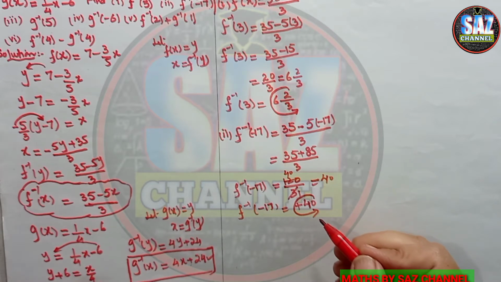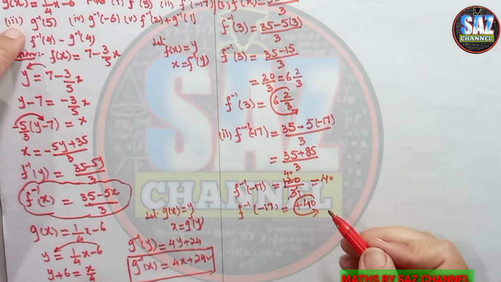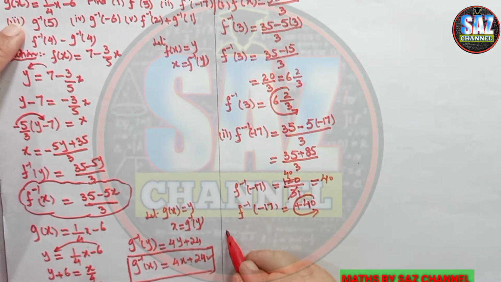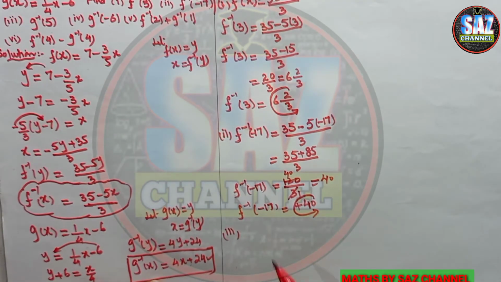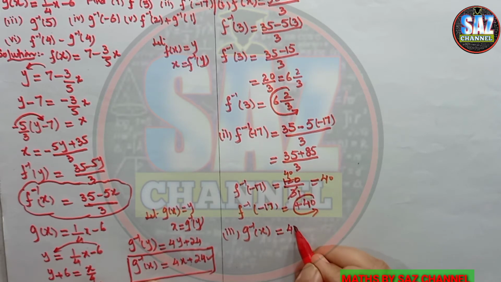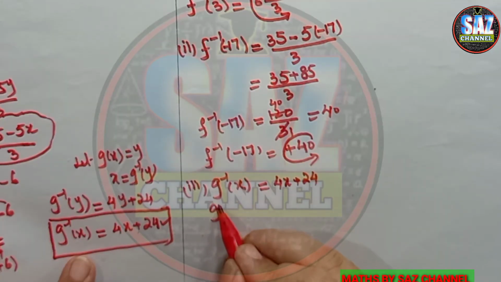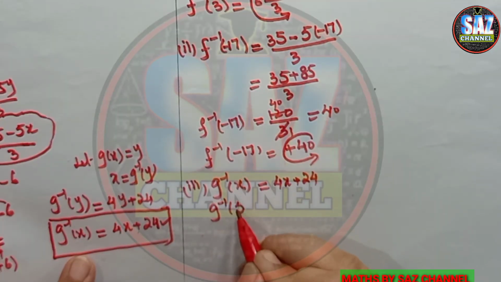Now I have to find the answer of g inverse of 5. This is the third part. g inverse of x is 4x plus 24, and I have to evaluate this function at 5.